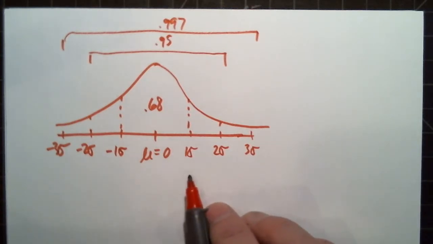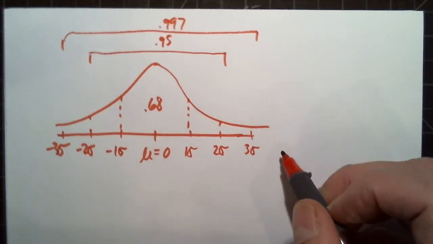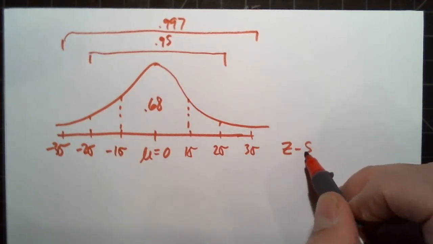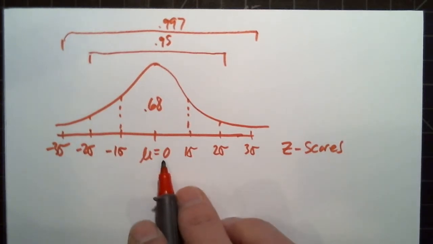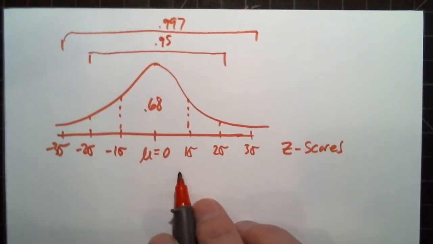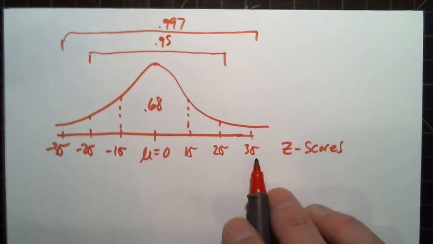When we talk about this, we do use standard deviations, but we also call these z-scores. And we could remember z associated with 0. So if the mean is 0 and the standard deviation is 1, we can talk about z-scores like this.